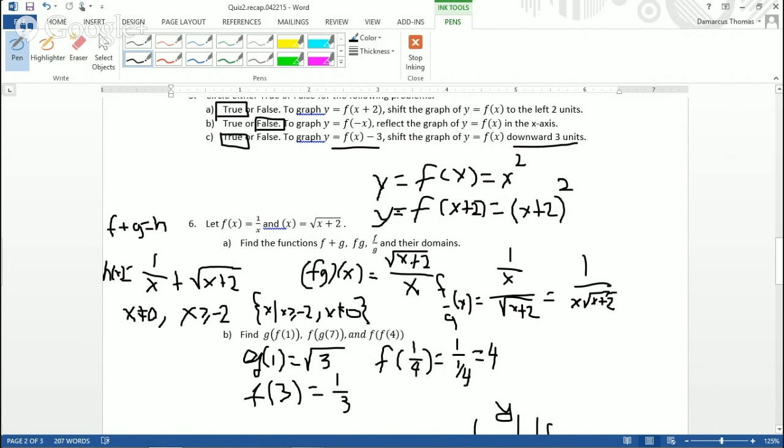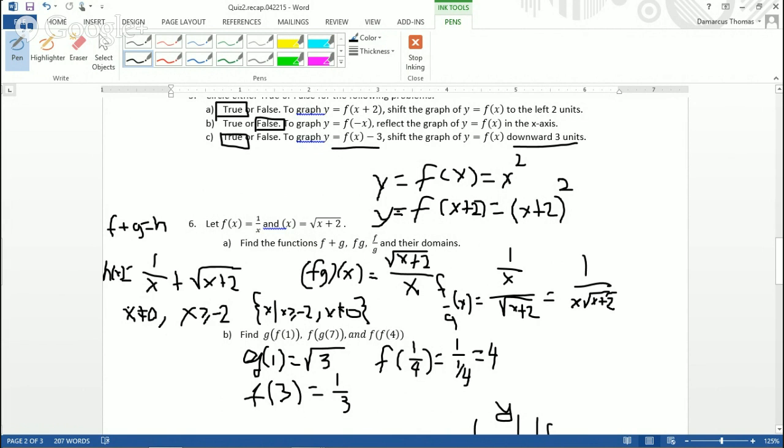The next thing I want to do is do pretty much the same thing here. X cannot be 0, and we cannot put in a negative value in our radical. So x cannot be less than -2. So it appears that our domain would be valid.